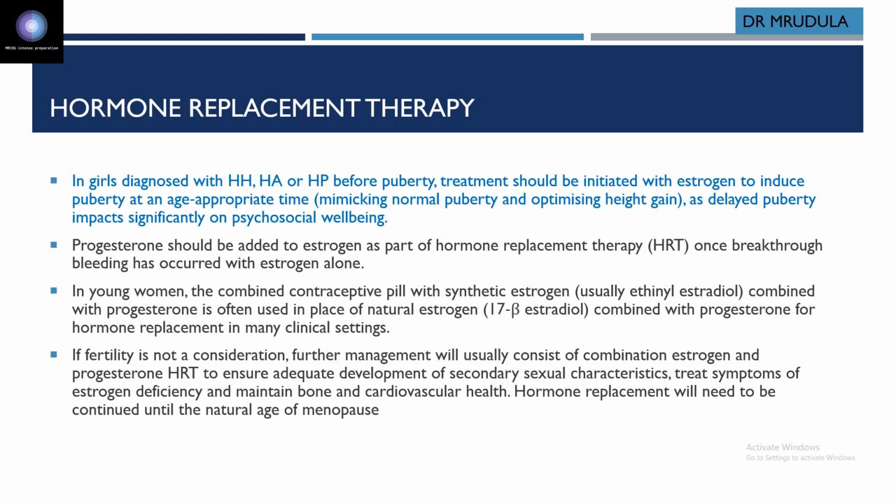If fertility is not a consideration, further management depends, but HRT usually consists of estrogen plus progesterone to ensure adequate development of secondary sexual characteristics, treat symptoms of any estrogen deficiency, and maintain bone mineral density and cardiovascular health. HRT will be continued up to the natural age of menopause in these patients.